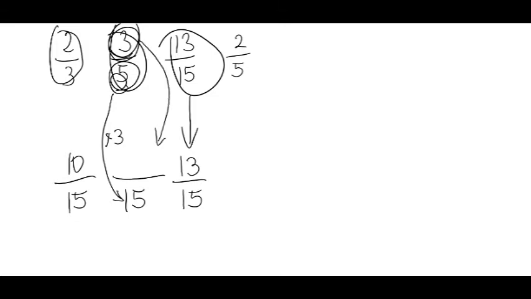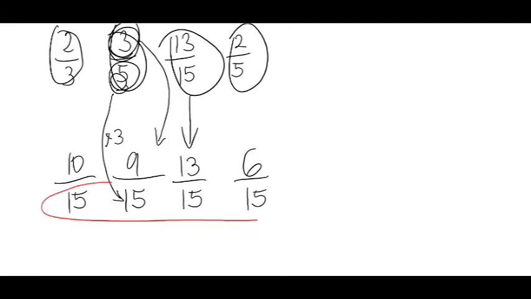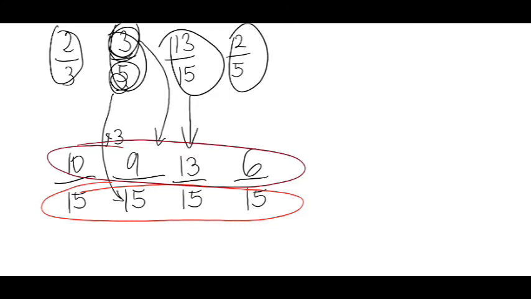And so we have the numerator multiplied by 3 gives us 9. I won't do that all again, but for this one, to get our fifths into 15ths, we multiply it by 3, so we multiply the top by 3, we get 6. And so now, of course, because they're all 15ths, we can simply compare the numerators and put them in order.